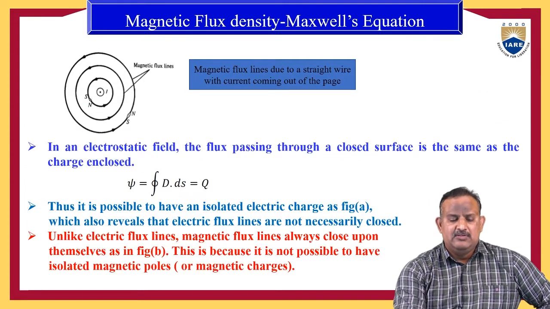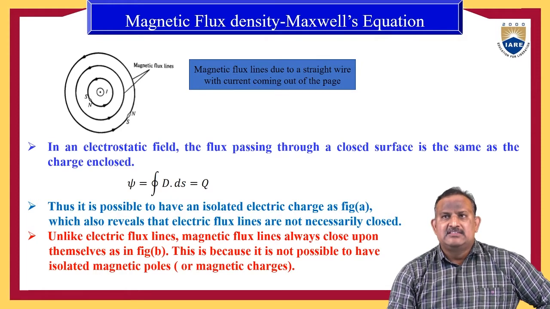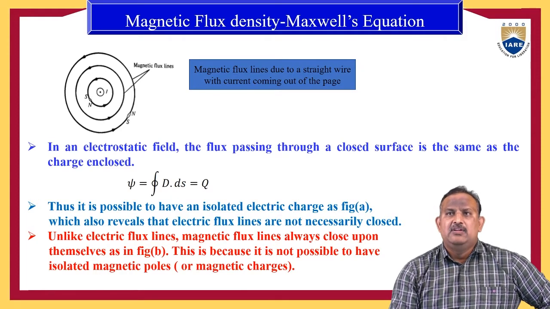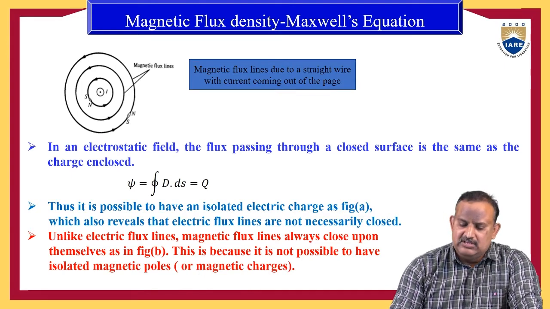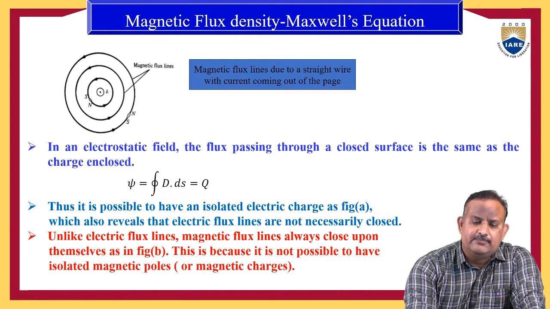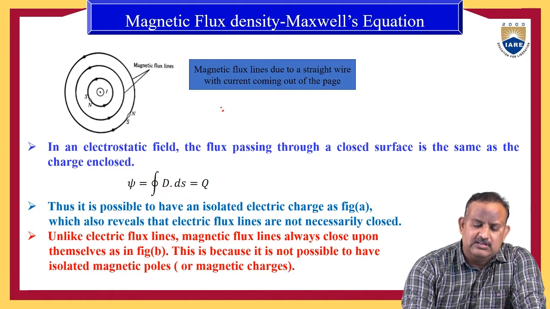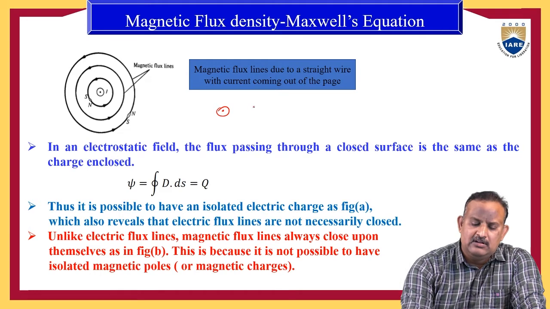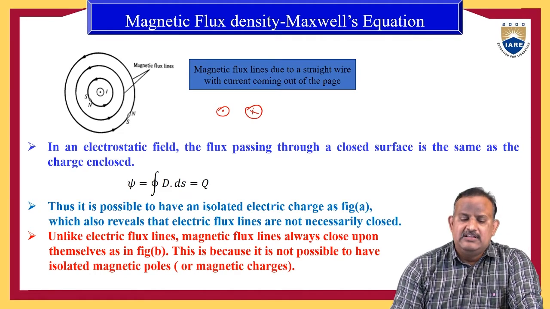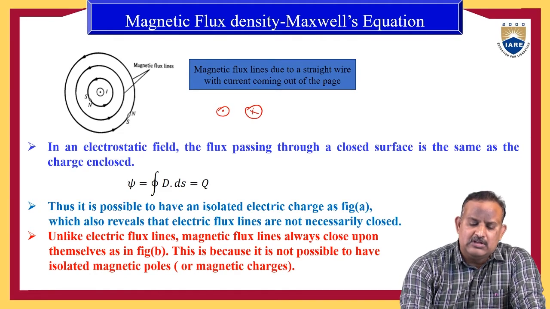Here we can observe the figure: the magnetic flux lines due to a straight wire with current coming out of the page. There are two types of conventions, the dot convention and the cross convention. If it is a dot, the current flows outside.